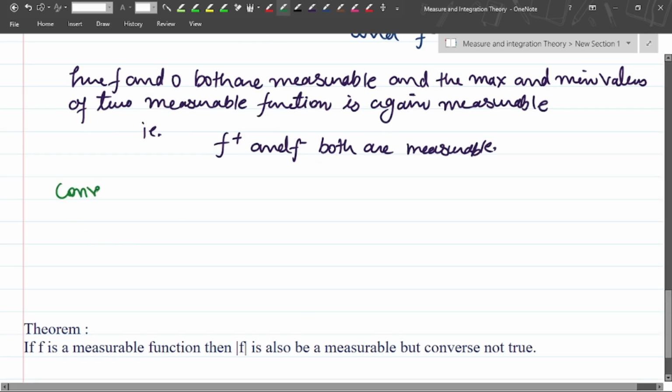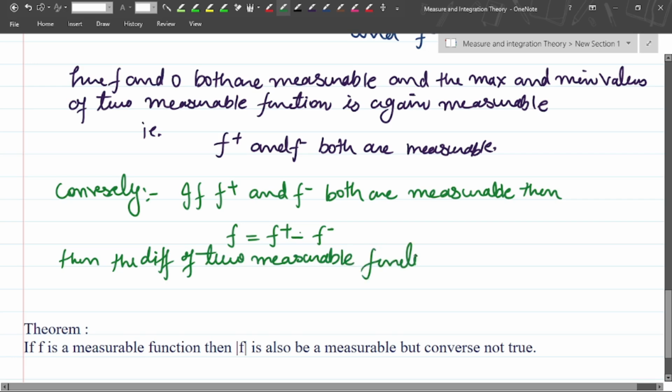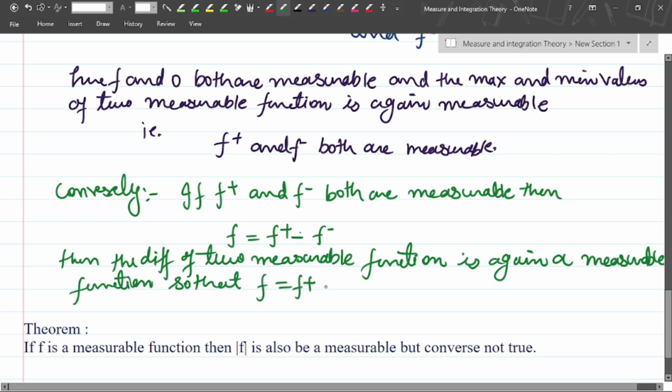Since f is equal to f plus minus f minus, the difference of two measurable functions is again a measurable function, so f is equal to f plus minus f minus is also measurable.